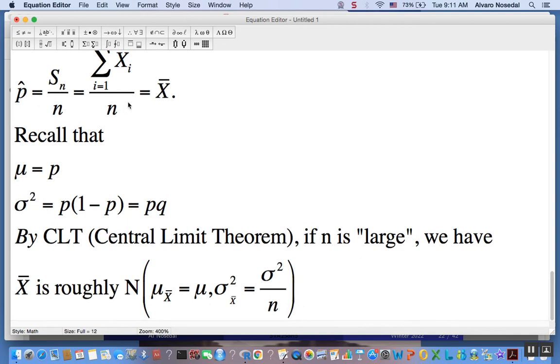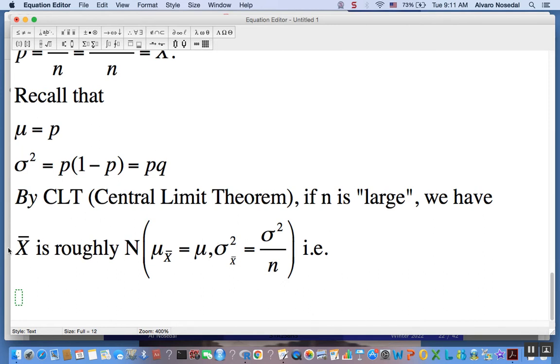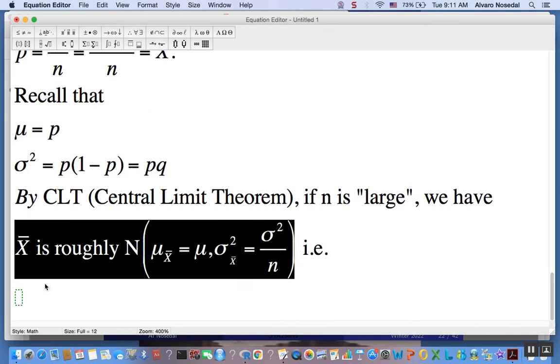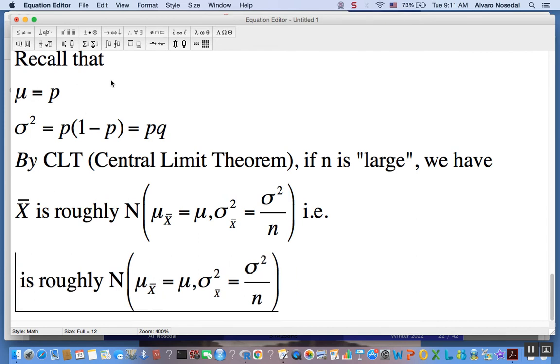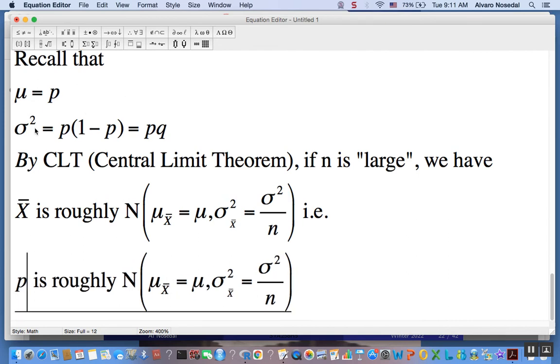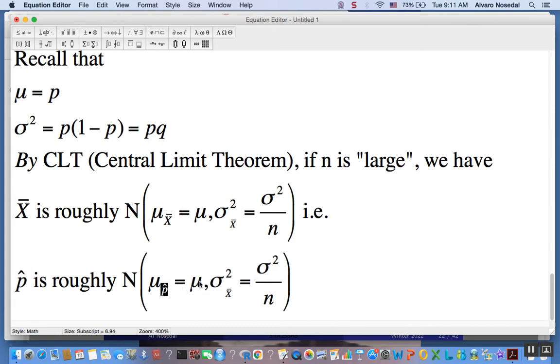Okay, but now, since we said that x bar and p hat are basically the same, that means that p hat is roughly normal. Now the mean of p hat is mu, but the mean for that guy is p.